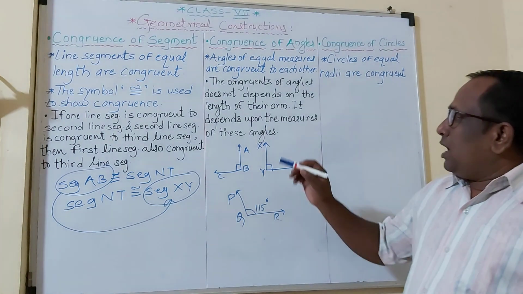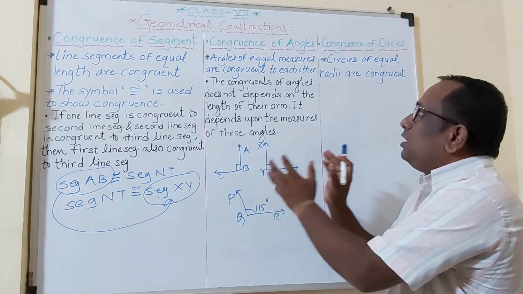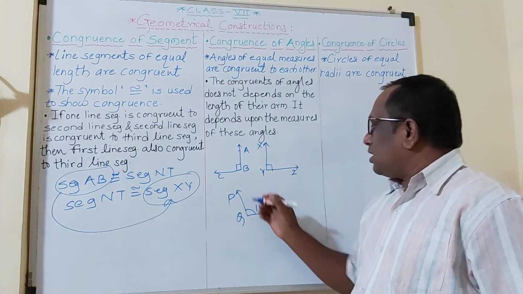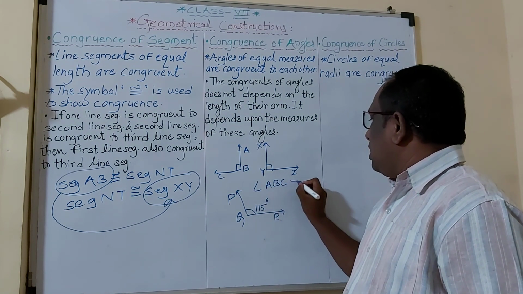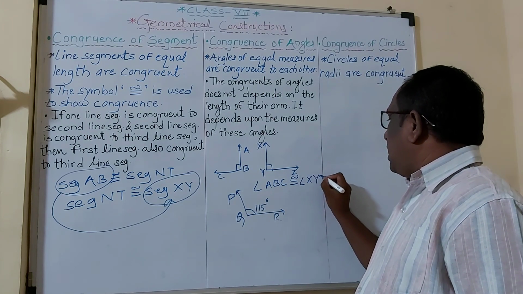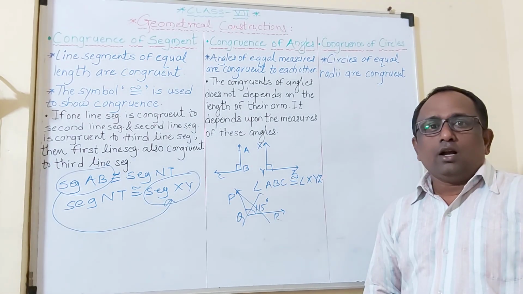So if the measures of the angles are the same, then we can say these angles are congruent to each other. So we can write here angle ABC is congruent to angle XYZ. This is not congruent because the measure is different.